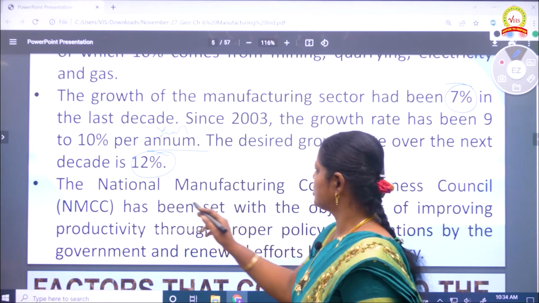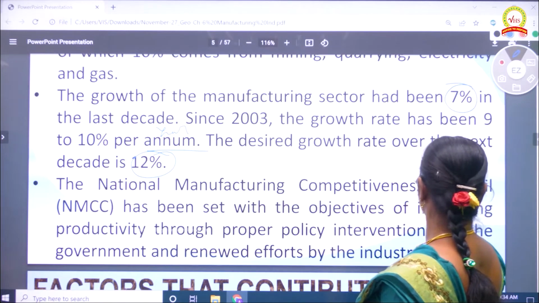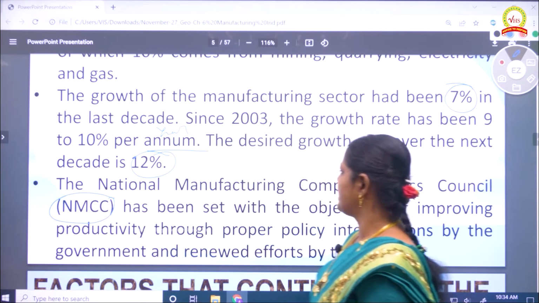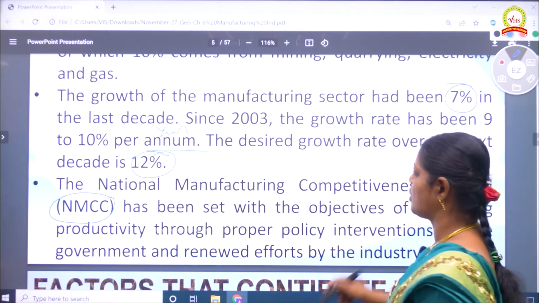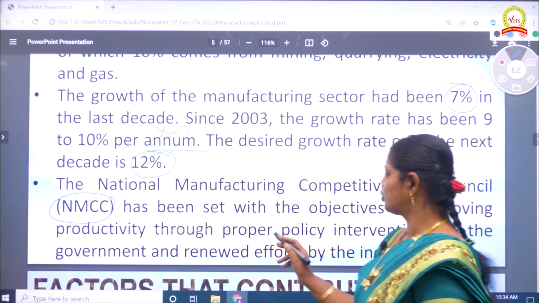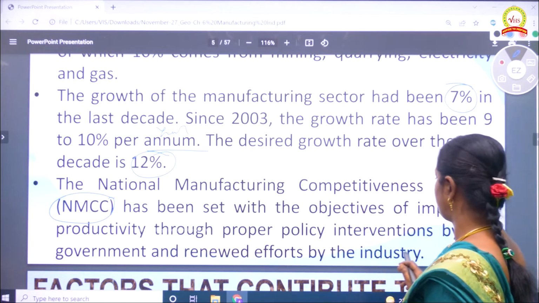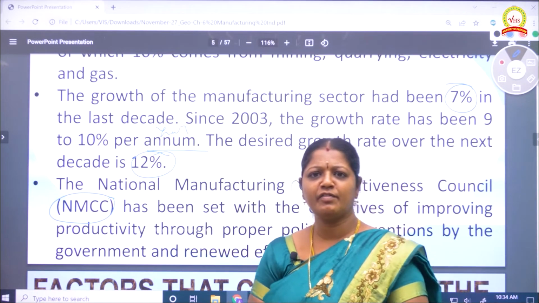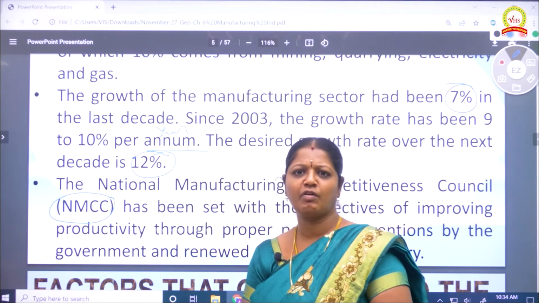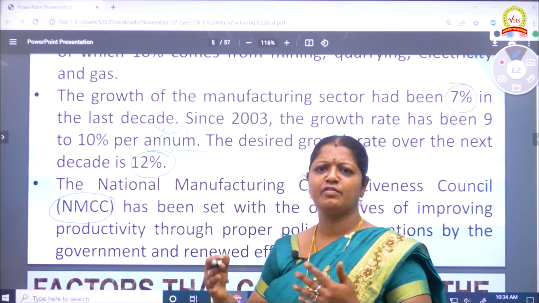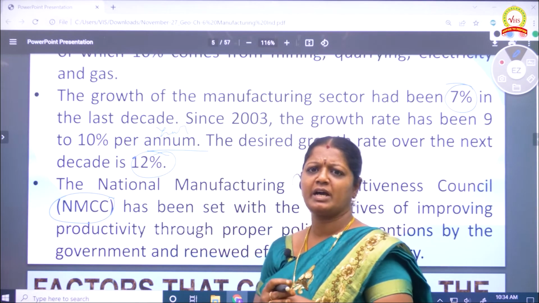Okay. The National Manufacturing Competitiveness Council, that is NMCC, has been set up with the objectives of improving productivity through proper policy interventions by the government and the renewed efforts of the industry. Since manufacturing has been stagnated for the last 20 years, we have to improve the manufacturing industries and bring them to the highest level.